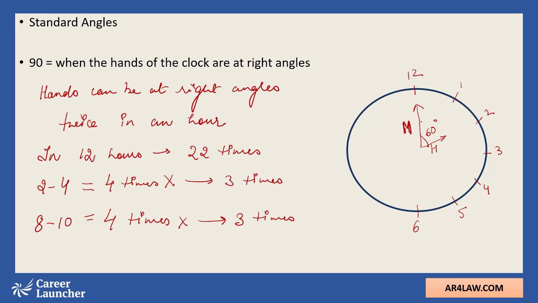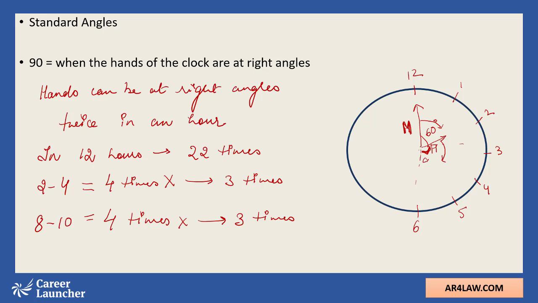So the minute hand is moving faster towards this direction, and it will come to the hour hand and cross it, or go beyond the hour hand. There would come a scenario at a particular time that an angle of 90 degrees is created between the hour hand and the minute hand here.